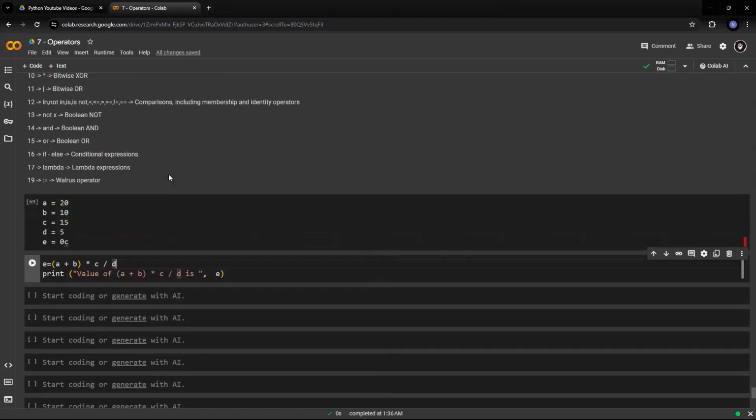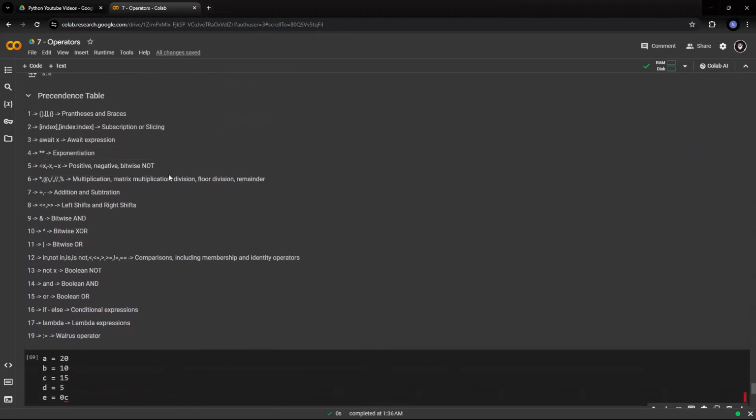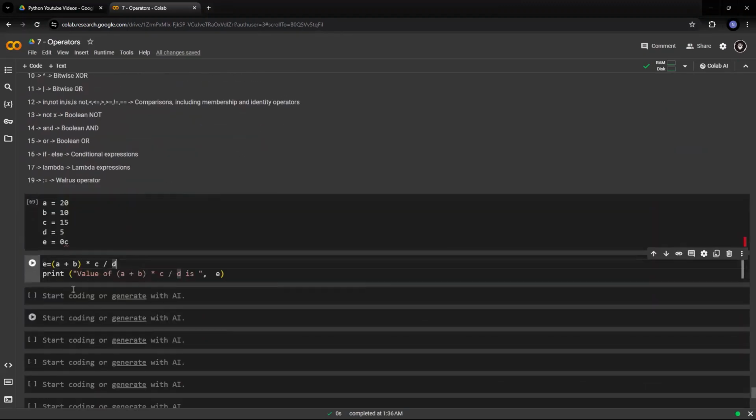Now, given the operator precedence that we have seen above, the brackets will be evaluated first. So A plus B, which is 20 plus 10, that would be 30.